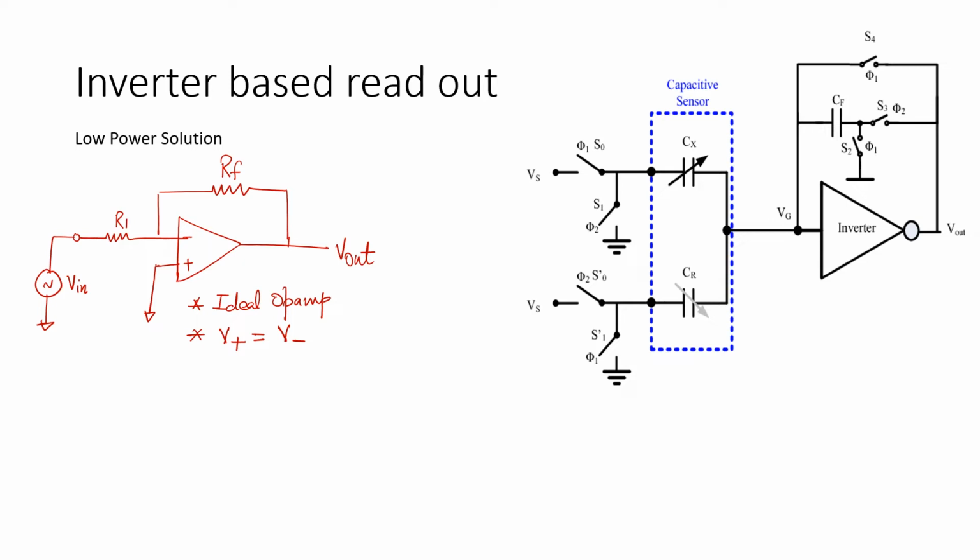It may be a zero or a non-zero quantity, but these two voltages will be the same. Next condition is there is no current flowing into the op amp. So the input current is all zero. So what does that mean? Any current that is coming into the system will go outside of the op amp in the feedback path.